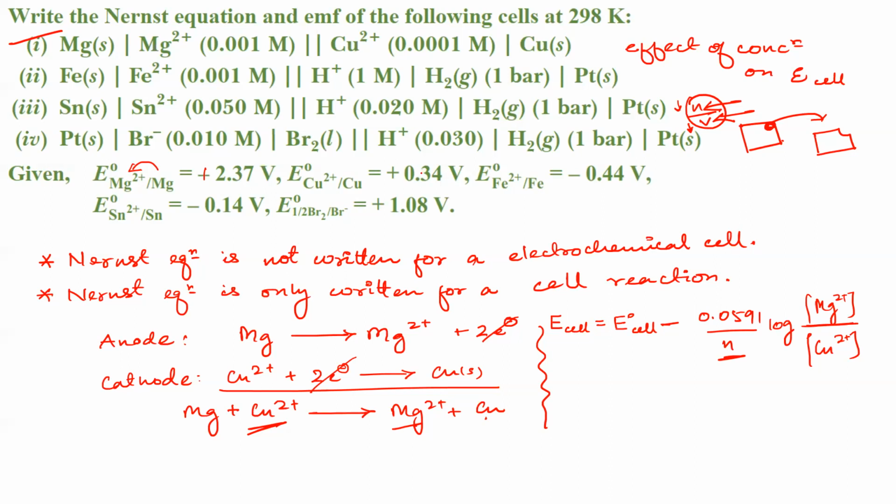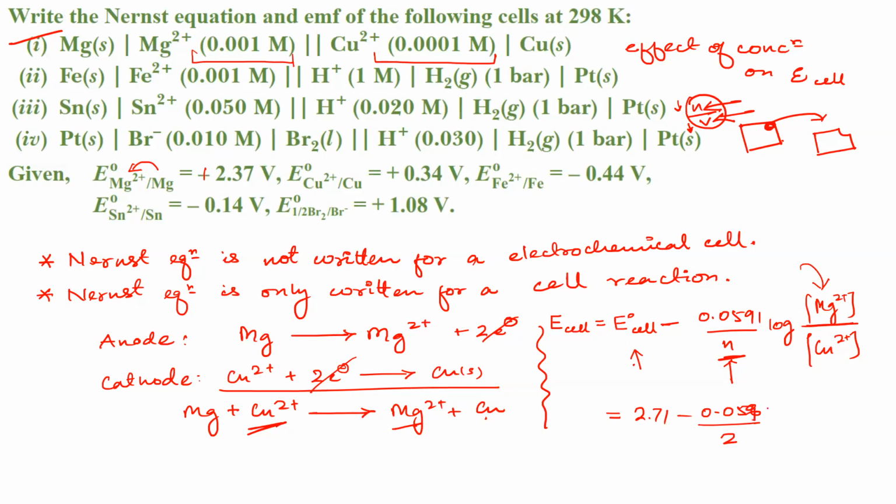Whatever you get, you write in E naught cell. You write 2 for n, then plug in the concentration of Mg and the concentration of copper, and then you can calculate. 2.37 plus 0.34 is 2.71, so E naught cell is 2.71, minus 0.059 divided by 2.